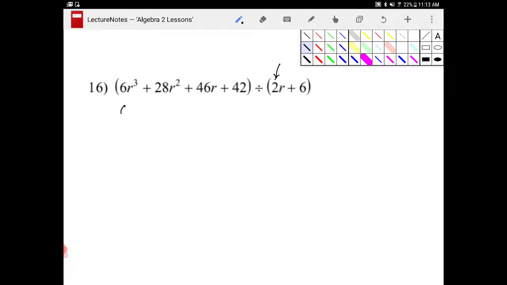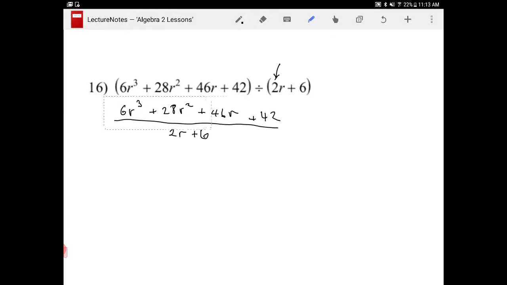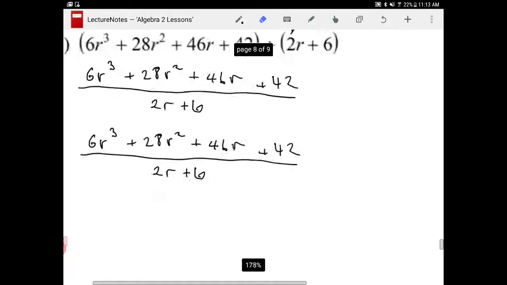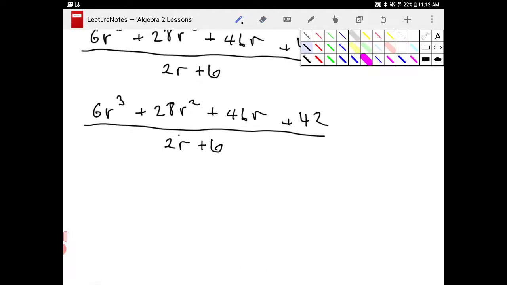This is the same thing as 6r to the 3rd plus 28r squared plus 46r plus 42, all divided by 2r plus 6, right? This is the same thing as 2 times r plus 3.